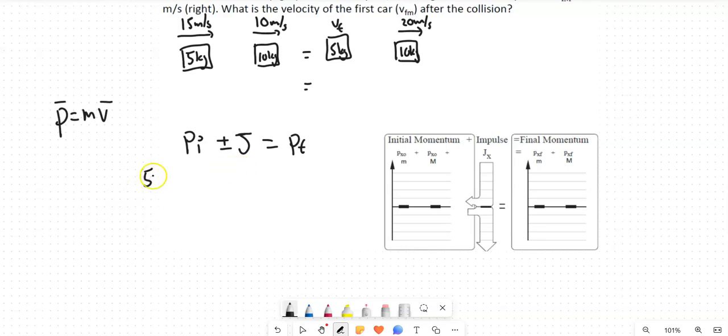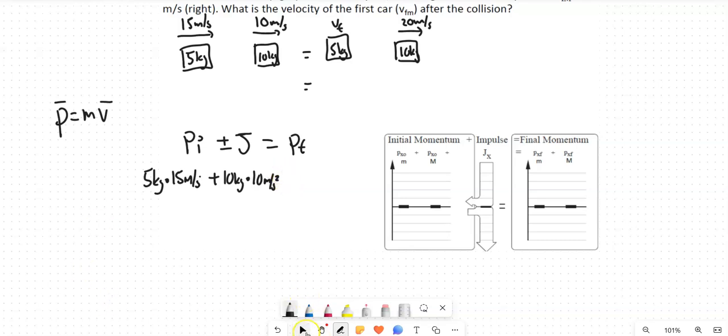So I'm going to go 5 kilograms times 15 meters per second. That's the initial momentum of the first cart. The initial momentum of the other cart, you're going to add to it. It's 10 kilograms times 10 meters per second, right?